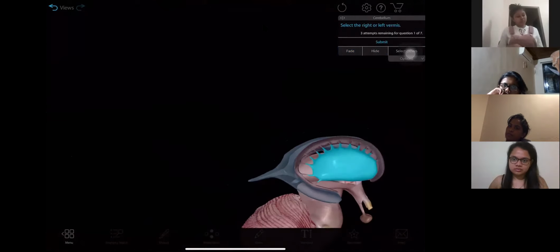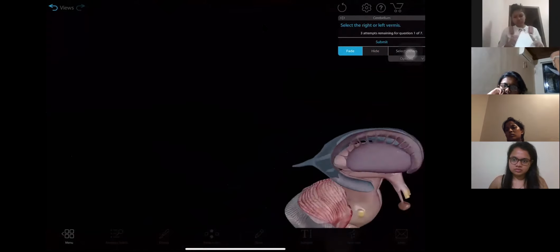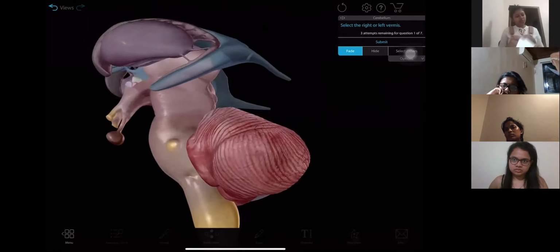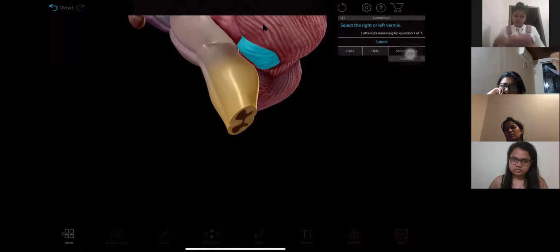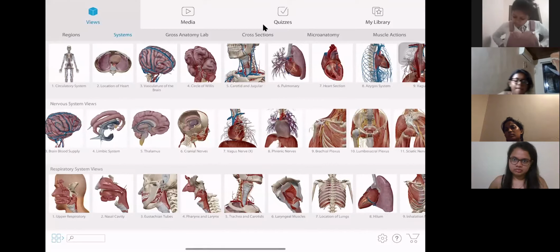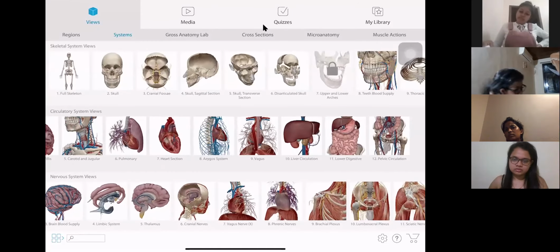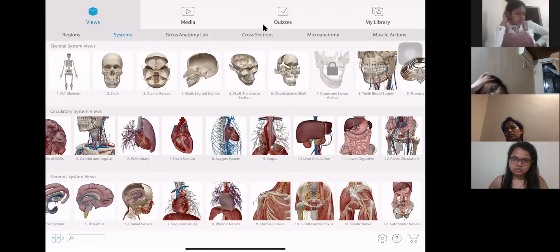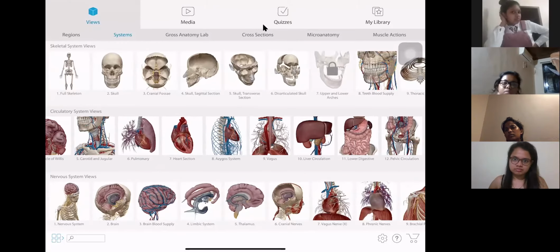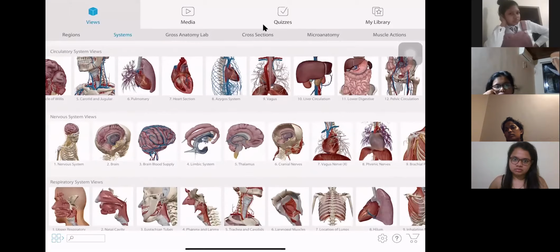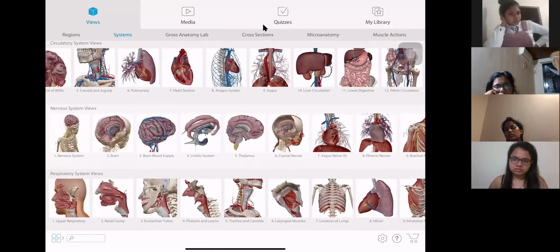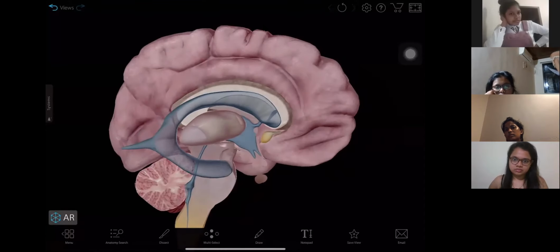Cerebellum: anterior, posterior, and the flocculus. Okay. Basal ganglia, there's no structure here. Thalamus. Here's the thalamus.